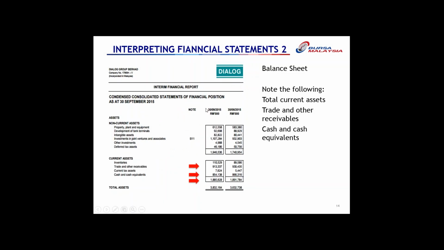The other statement is the balance sheet. Here is the total current assets, the trade and other receivables, cash and equivalent. Because it can show whether a company has any shortfall.